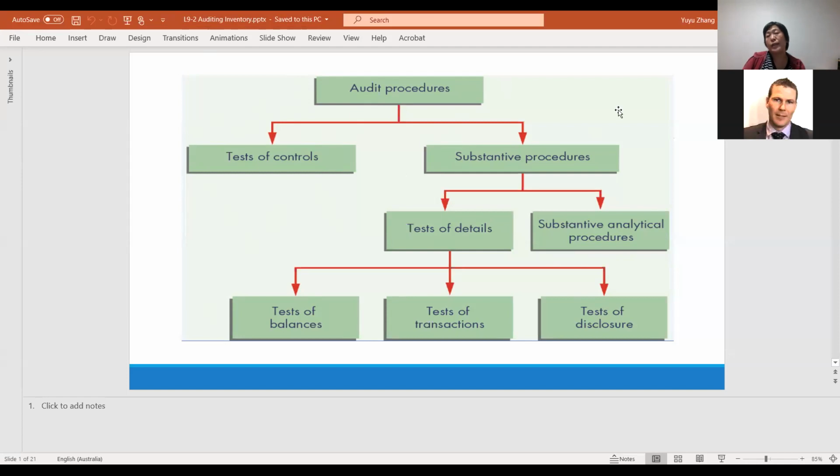And to get the detailed evidence of those accounts, transactions, and areas, you also need to do the substantive test on the balances, on the transactions, on the analytical procedures, and on the disclosures. Okay.